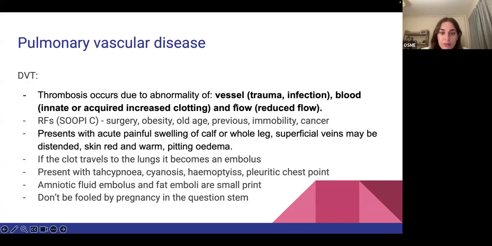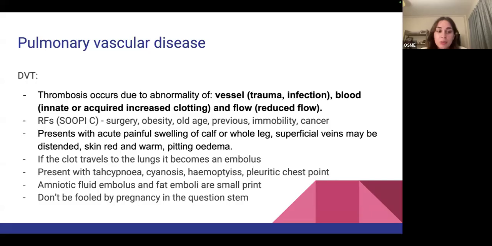This can often occur because patients have been static. They've either had surgery or had infection. And sometimes it might be pregnancy. So even though you might want to say something like an amniotic fluid embolus is the cause of all of this patient's symptoms when they're pregnant, realistically, it's actually a PE that's causing this.